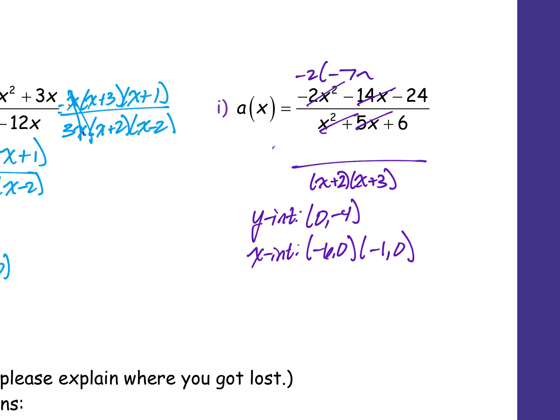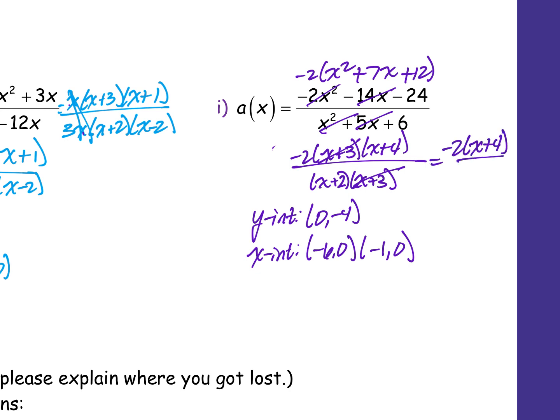Oh, let's do this. See? Good job. I missed 1, minus 7x, minus 12, right? Do you know what I factored it to? Plus 6. That should be plus. So then that factors to negative 2 times x plus 3 and x plus 4. So that goes away. So I get negative 2 times x plus 4 over x plus 2.